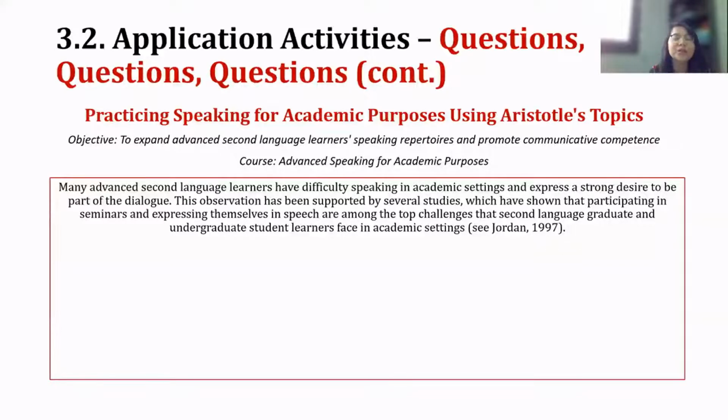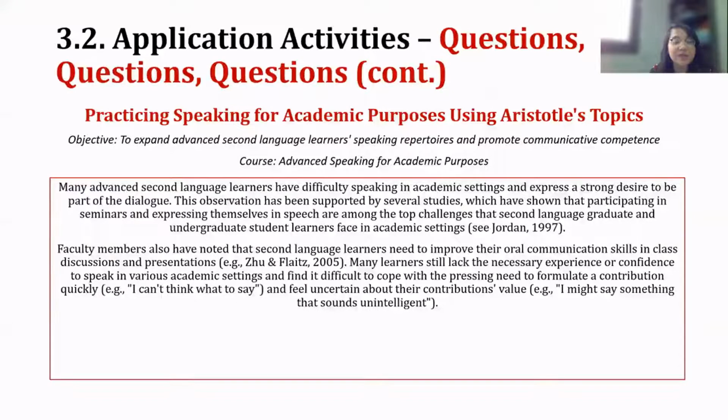Although you think that you are very fluent in speaking English, when it comes to speaking in an academic setting, it will still cause you fear and doubts too, because we have different sets of expressions, we have different sets of knowledge to use to be able to participate in an academic communication setting.